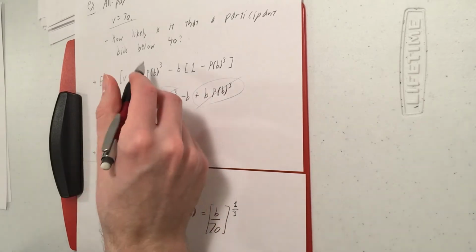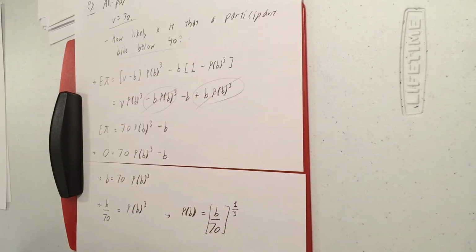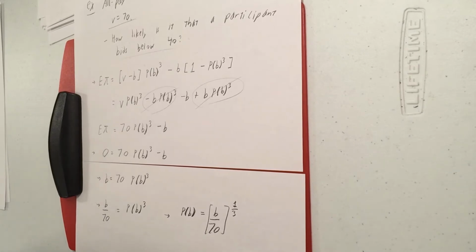So my question here at the beginning was about bids below 40. So what's the probability that you bid below 40?